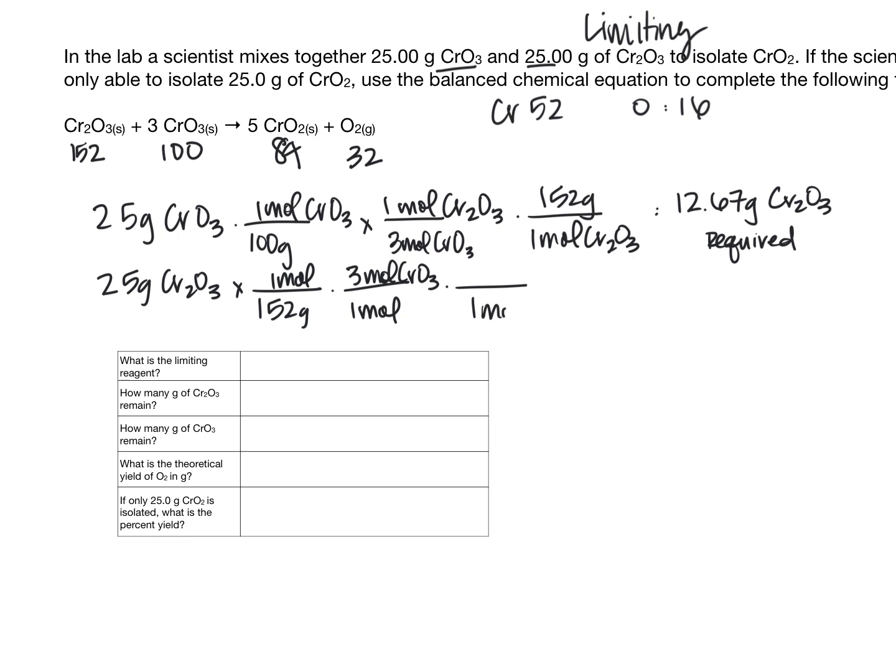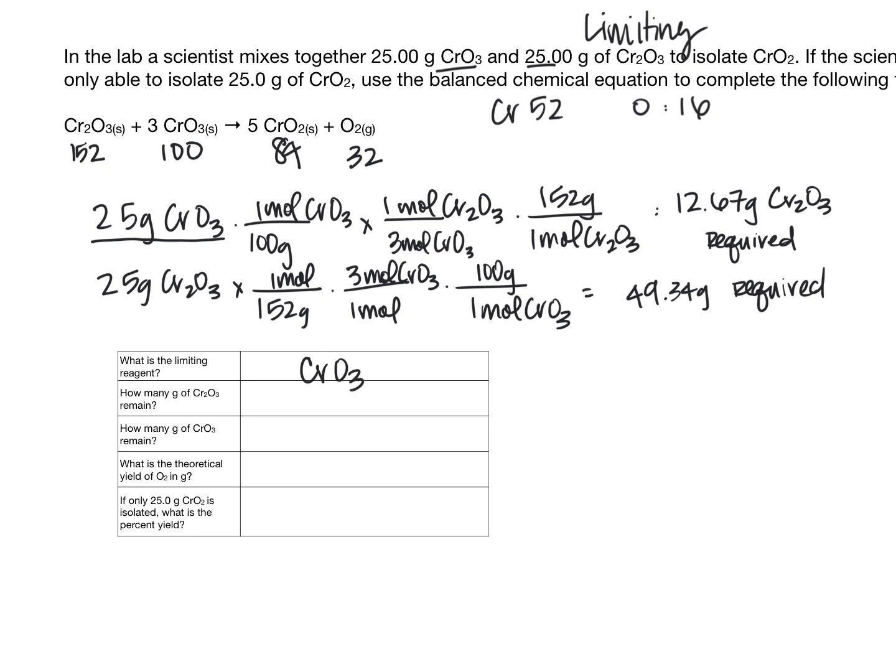For every 1 mole of CrO3, there are 100 grams, and this gives you 49.34 grams required. And we only have 25 grams. This tells us that CrO3 is the limiting reactant.